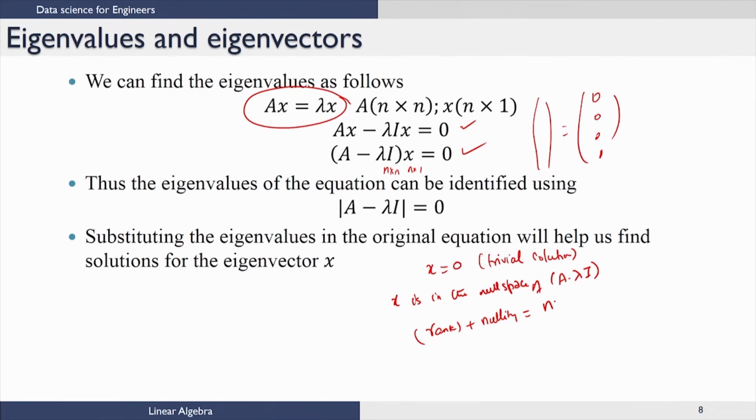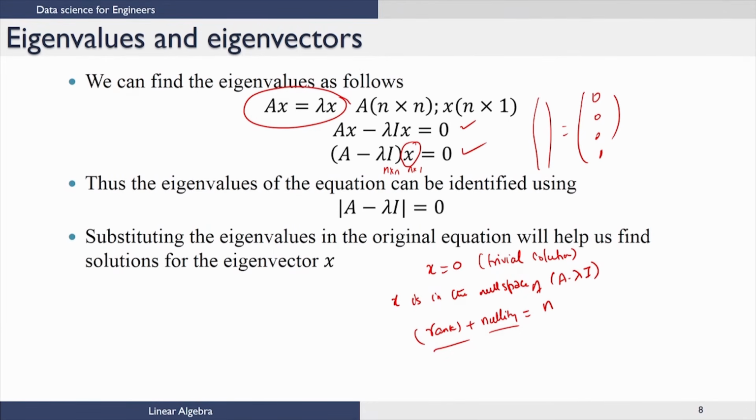We are looking at square matrices, n by n matrices. Now we know that if there is even one vector x such that this is 0, the null space has dimension at least 1. Since nullity is at least 1, the rank of the matrix has to be less than n. If the rank is n, nullity is 0, that means there are no non-trivial solutions.